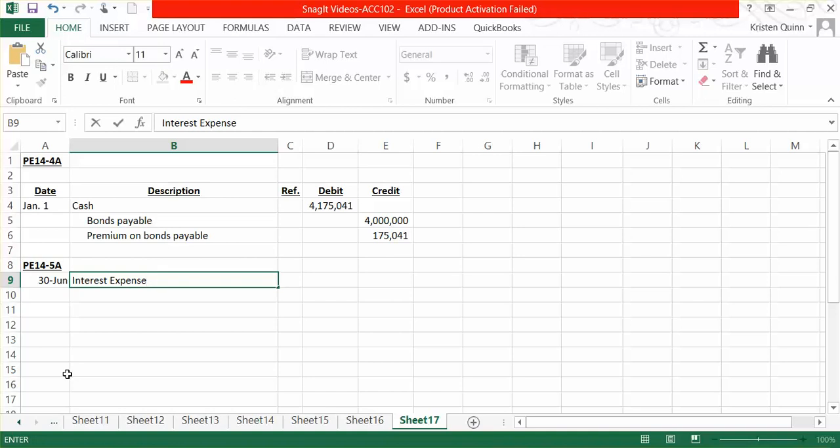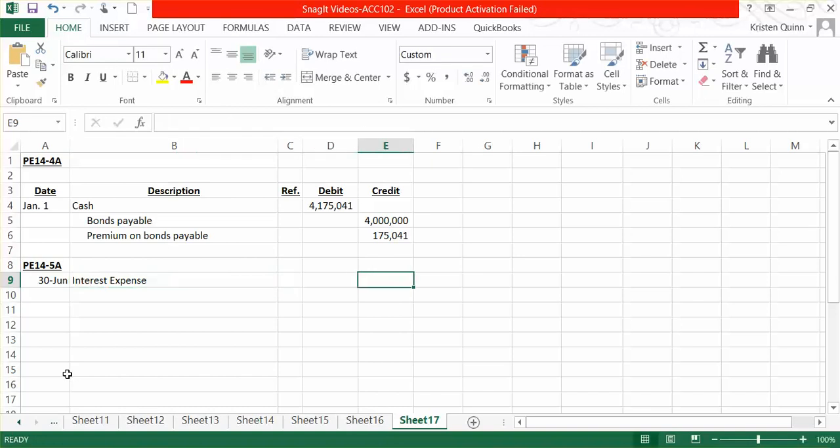It's costing us more than just that $4 million that we owe 5 years from now. We have to pay back the $4 million plus semi-annual interest. They tell us in practice exercise 14.4a that we're paying semi-annual interest of $120,000.